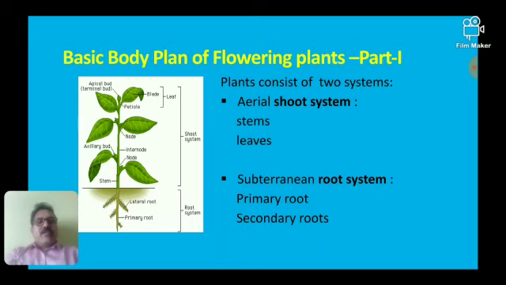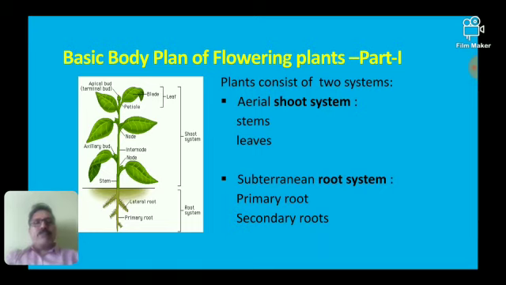So the shoot system has the stem, leaves and the flower, while the root system consists of two parts, namely primary roots and secondary roots. So this is the complete plant body as shown in the figure.